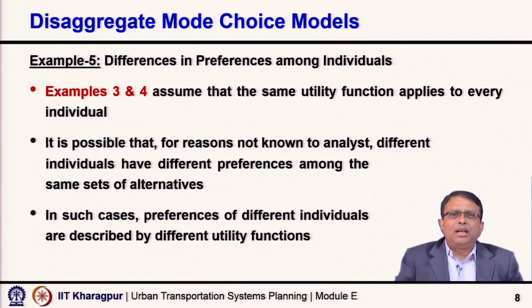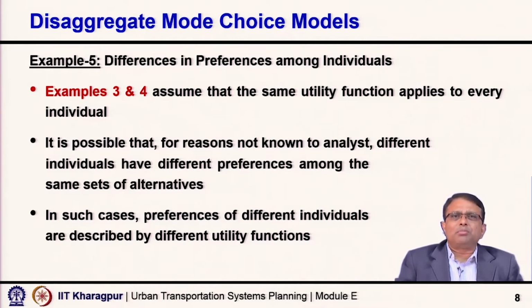I have given a kind of example here: difference in preference among individuals. Let us take the example we just discussed now and also the example we discussed in the previous lecture, where we assumed that the same utility function applies to every individual. Now, it is possible that for reasons not known to the analyst, different individuals have different preferences among the set of alternatives, because of some characteristics.